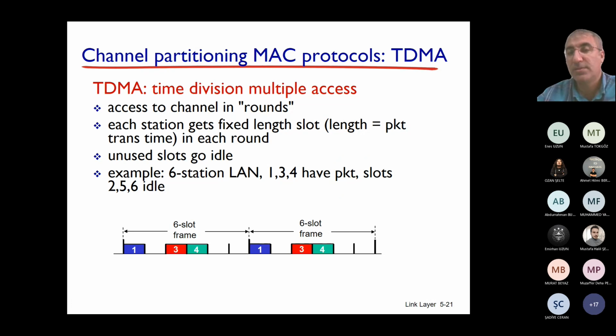idle, not used, right? So the first node is going to transmit within this time slot, and then it's going to wait for the second node, third node, fourth node, and so on. And as you see, the blue one, the number one node, has to wait for the second round so that it can retransmit.